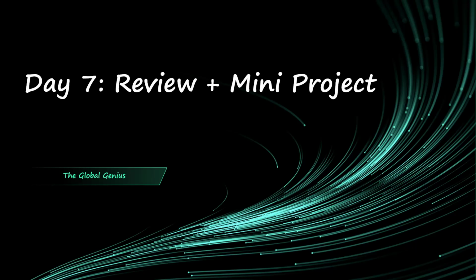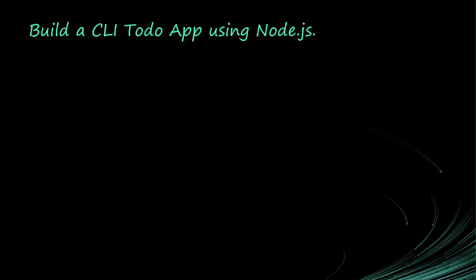Okay, all right. So we are building a command line interface application using Node.js. We are building a to-do app using Node.js. Basically, a command line application is one that you use on the command prompt. Of course, you have been using command line applications already.